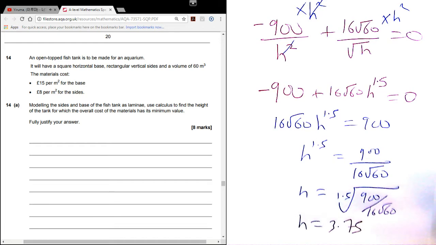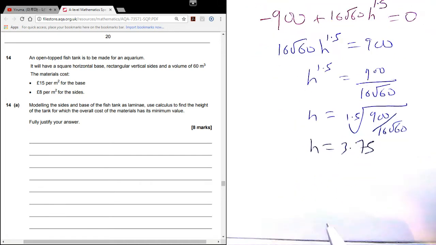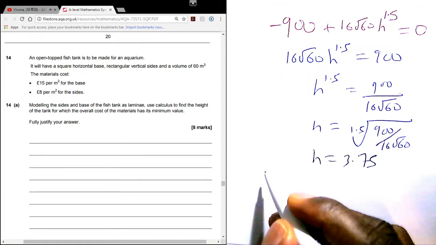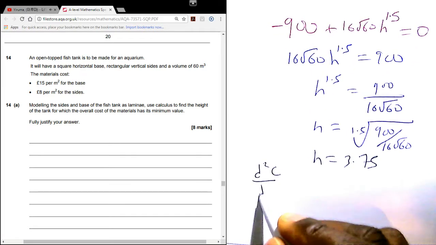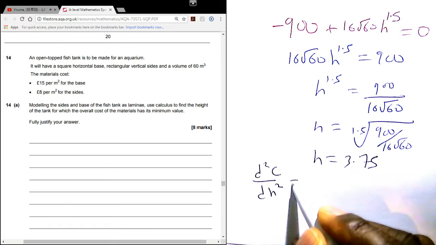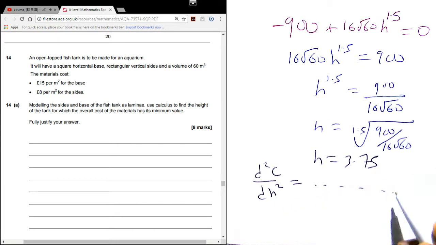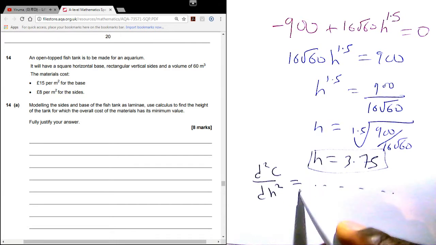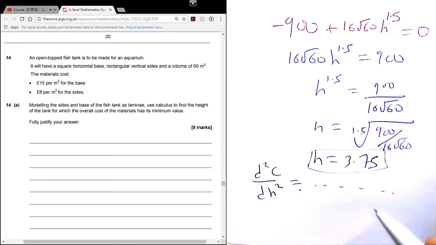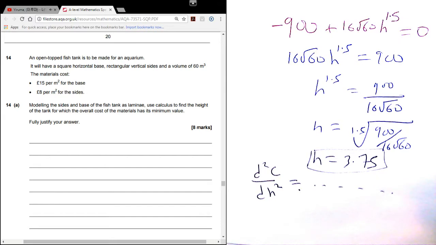That's necessary for the 8 marks. So to prove that this is the minimum point, let's find d squared c dh squared. We're going to find that and slot in this height into it to see if it gives us a positive. If it gives a positive, then it's truly a minimum point.